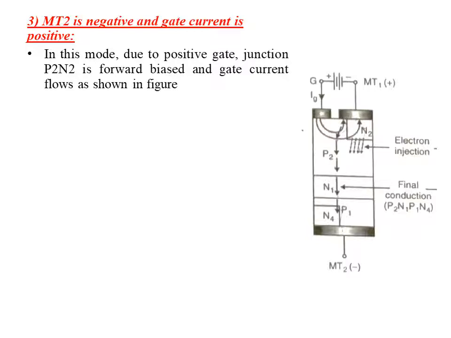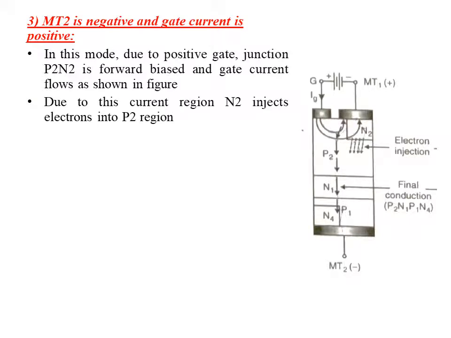In this mode, due to the positive gate, the junction P2 N2 is forward biased and the gate current flows as shown in the figure. So when MT2 is negative and gate current is positive, the junction P2 N2 is forward biased.